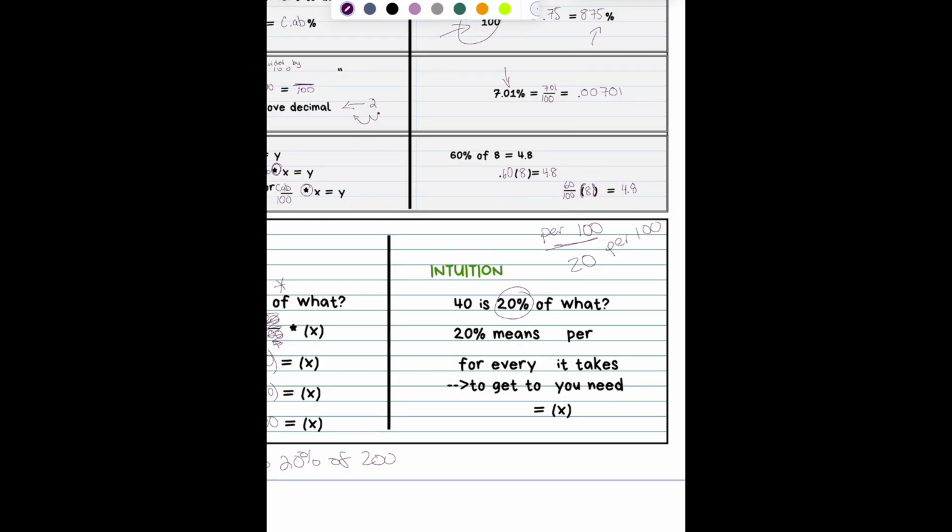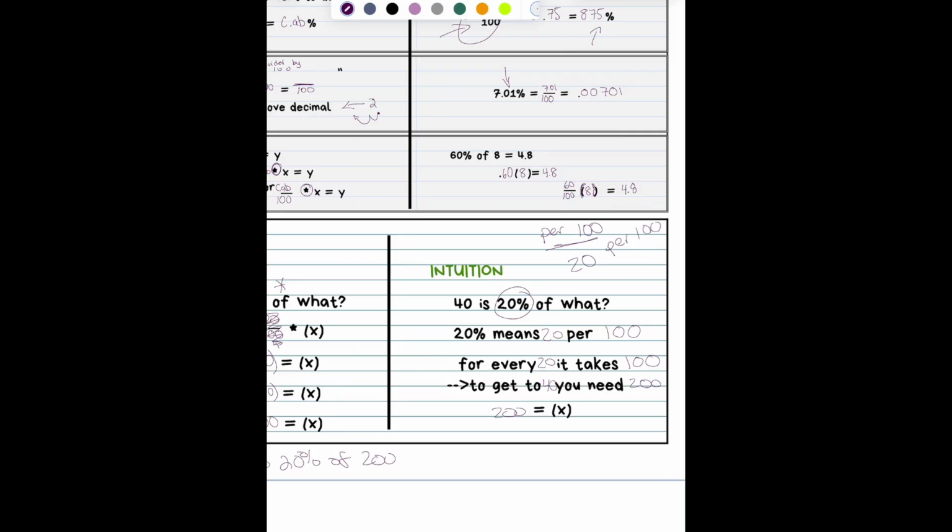Okay. So 20% means 20 per 100. So for every 20, it takes 100. So how would I get to 40? Well, I would need 2 of those, right? If I get 20 with 100, I'll get 40 with 200. So 200 is the answer. So I could have solved that with my intuition on percents.